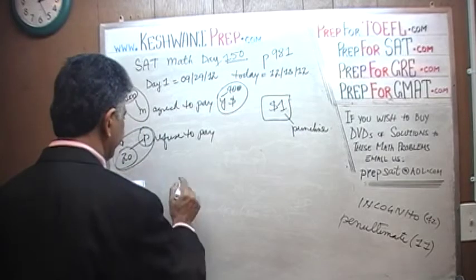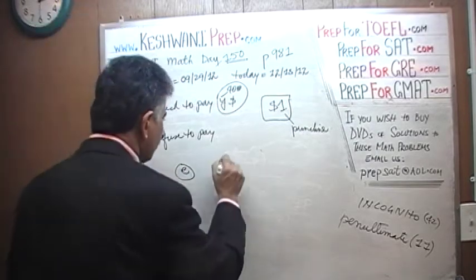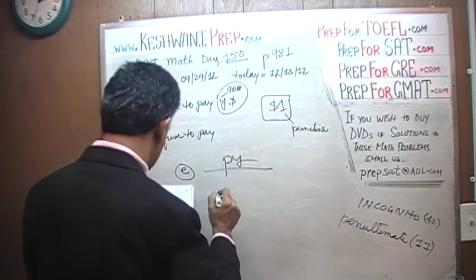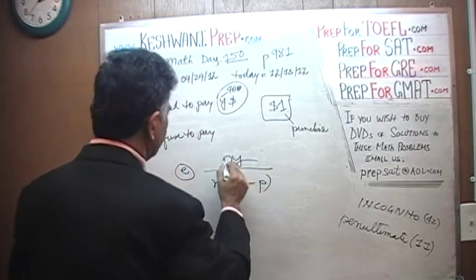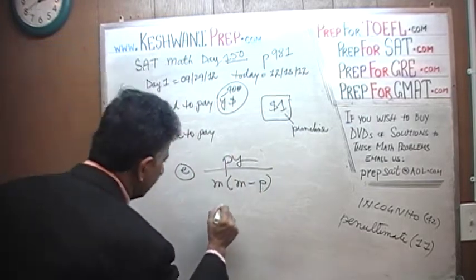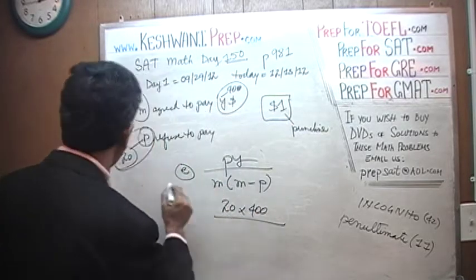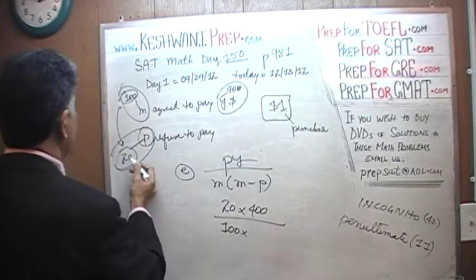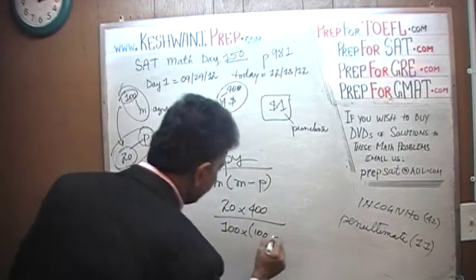Let's look at E, because the suspense is killing me. P times Y over M times M minus P. P is 20 times Y, which is 400, over M, which is 100, times M minus P. M is 100 minus P, which is 20.